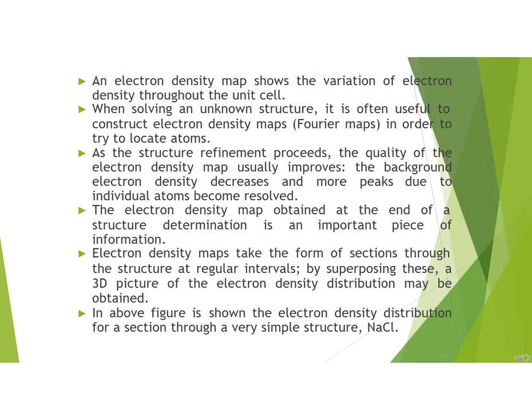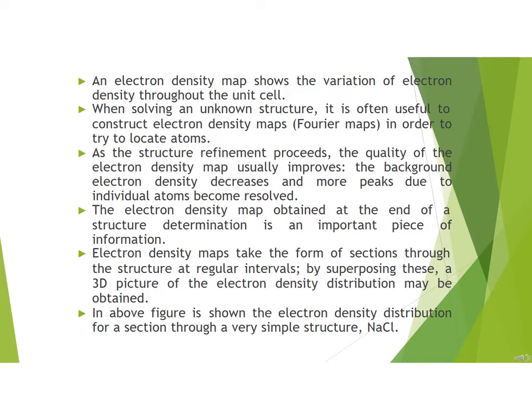Electron density maps provide information about the variation of electron density throughout the unit cell. While solving the structure of an unknown mineral, it is useful to construct electron density maps in order to locate atoms, because atoms are assigned based on the geometry of the intensity center and the chemistry of the material.